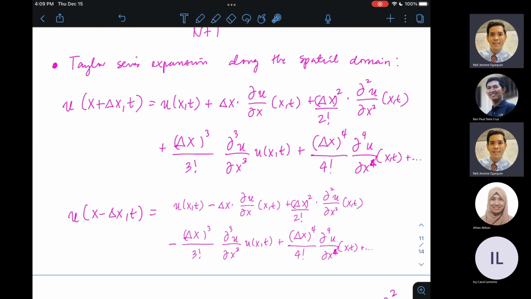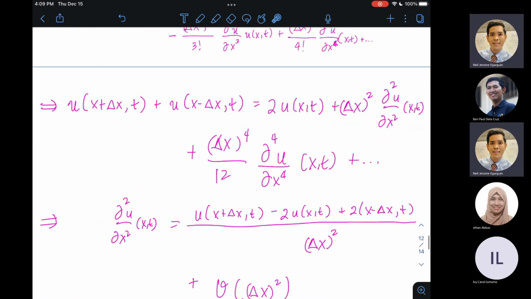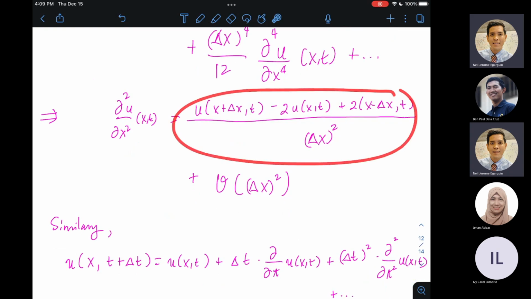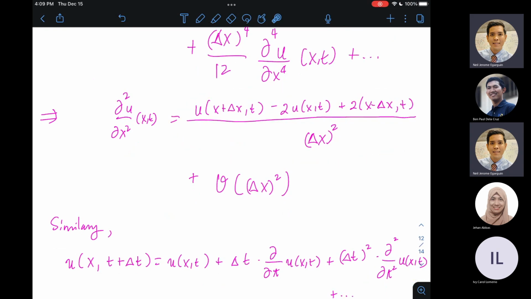And then you do the algebra and solve for the second partial derivative with respect to x. And what we get is our good old familiar 3-point centered formula of order big O of h squared or big O of delta x squared. Right? So ito yung nakuha natin formula, which you have already seen in elementary numerical analysis.